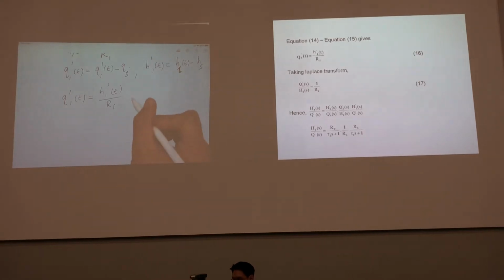So after this part, I need to transform this one. When I transform this one, I got Q1 prime S equal to H1 prime S divided by R1. Okay?